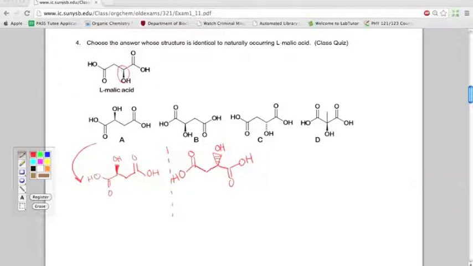Now, this molecule, again, you want to flip it on, well, on the wrong mirror image, you're going to want to flip it down on this axis. So continue with this.